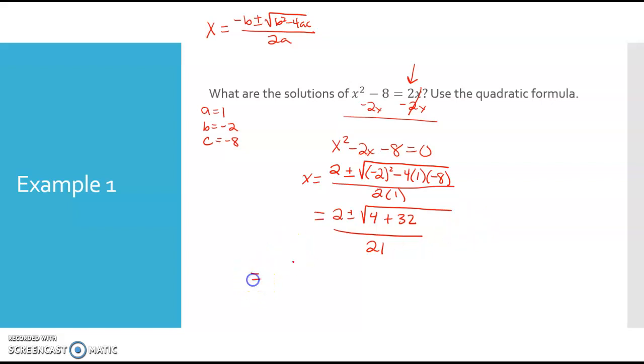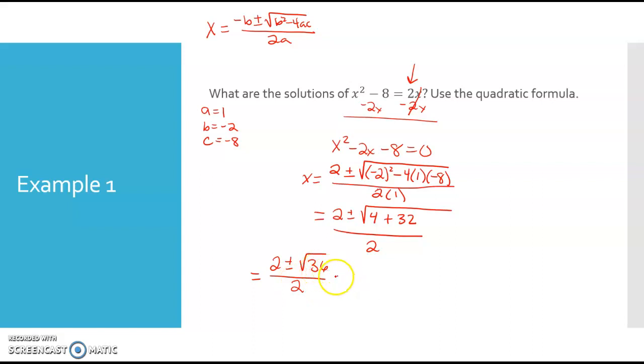So we're going to have 2 plus or minus the square root of 4 plus 32, which is 36, divide by 2 times 1, which is 2. So 2 plus or minus the square root of 36 over 2.